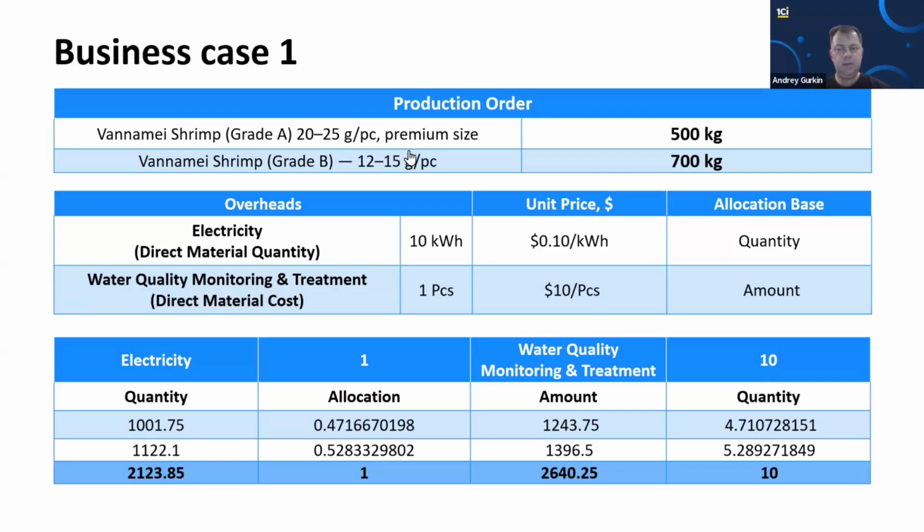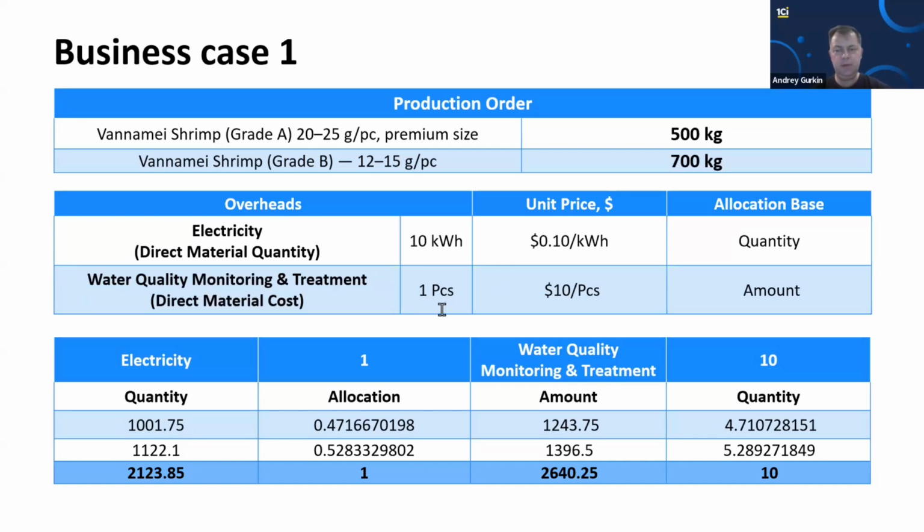Let's take a look at this one, at the tabular section. And let's compare. So we are registering electricity 10, here, and water quality monitoring 1 piece, let's say.